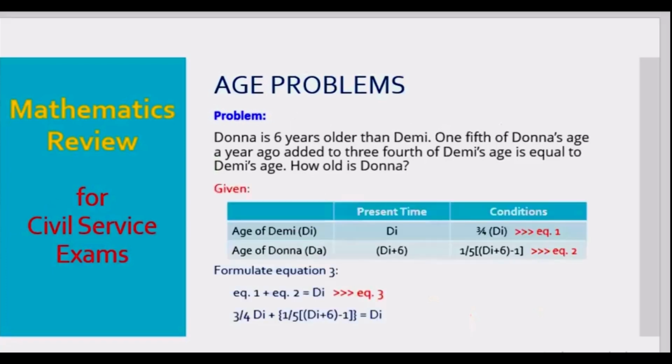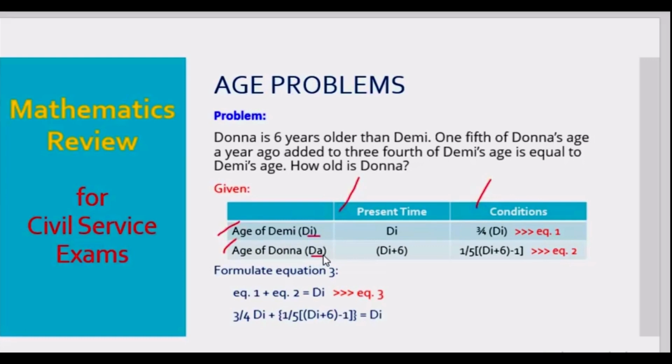So this is now the equation from the table extracted from the given problem. Okay, so we have only one set of time here, the present time, and the other one is the conditions. So again, we will assume the age of Demi is D, and the age of Donna is DA.